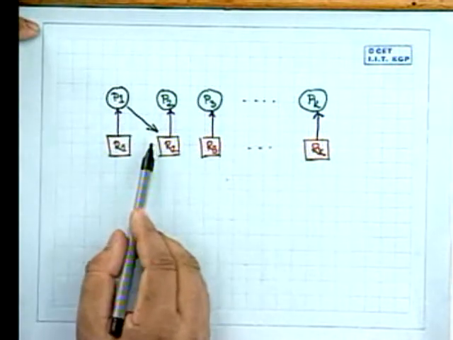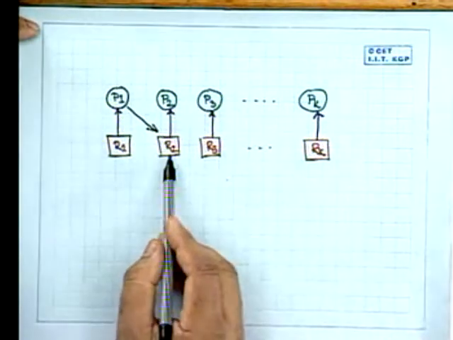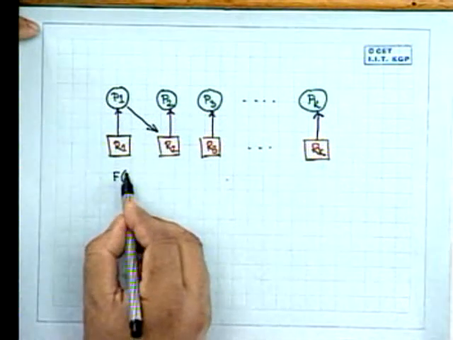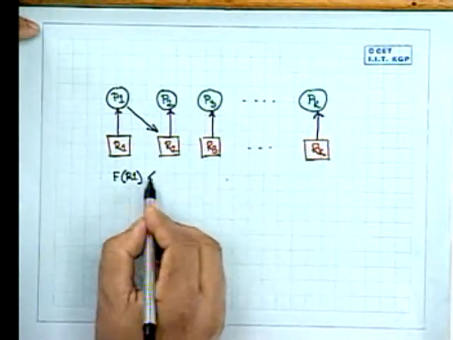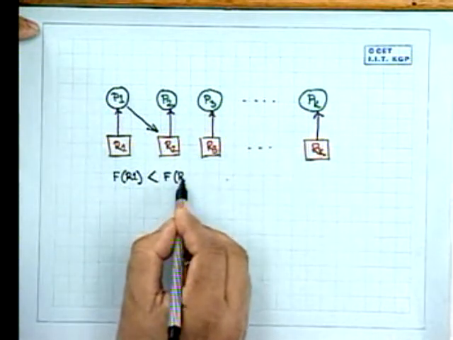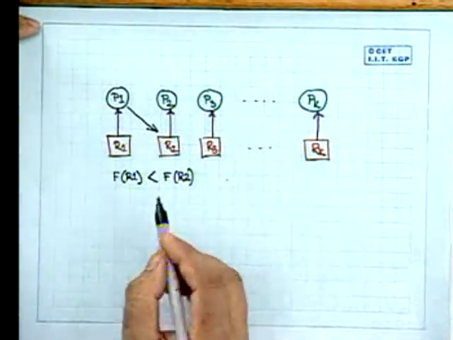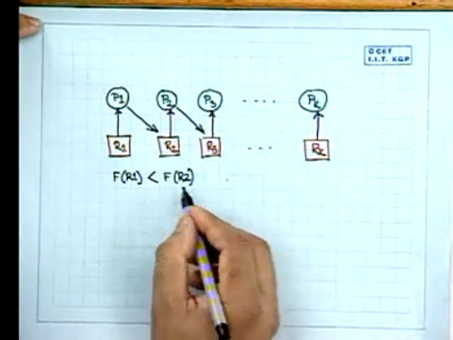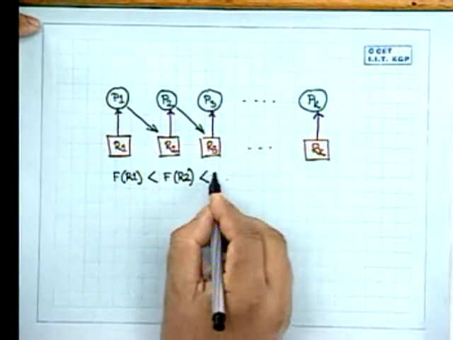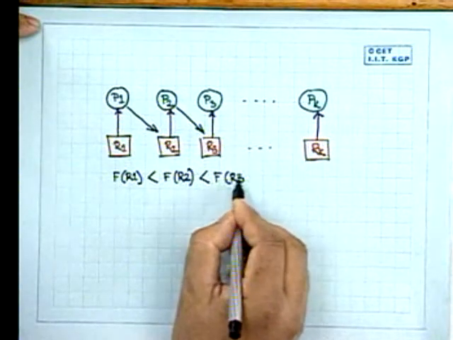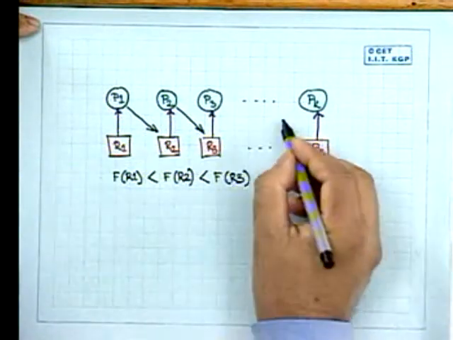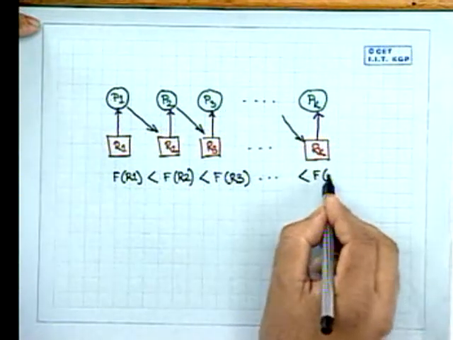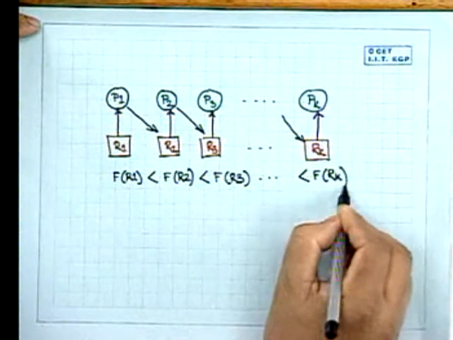This request can only be made if f of R2 is greater than f of R1, or in other words, if f of R1 is less than f of R2. Similarly, if now P2 wants to request R3, then f of R2 must be less than f of R3, and so on, up to f of Rk.